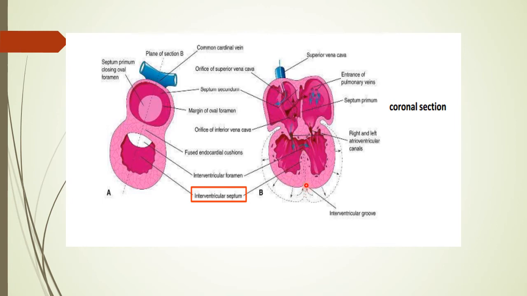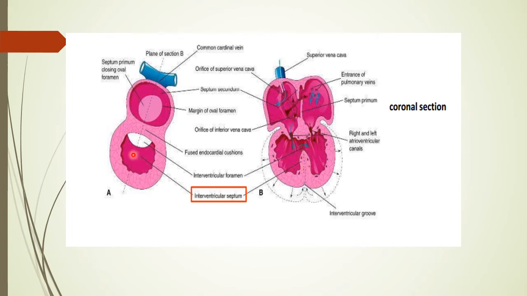Externally there appears an interventricular groove, and internally there appears this muscular ridge, which grows upwards in the direction of the fused endocardial cushions. This is the primordium of the interventricular septum, or primordium of the muscular part of the interventricular septum. This is the septum musculaire developing.